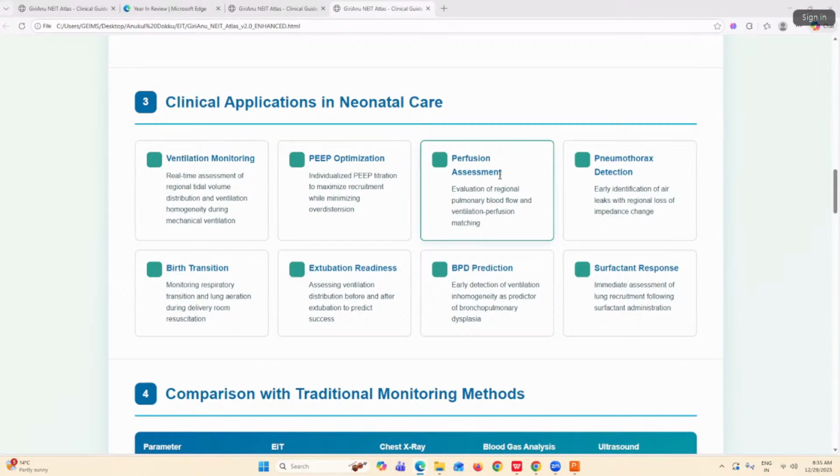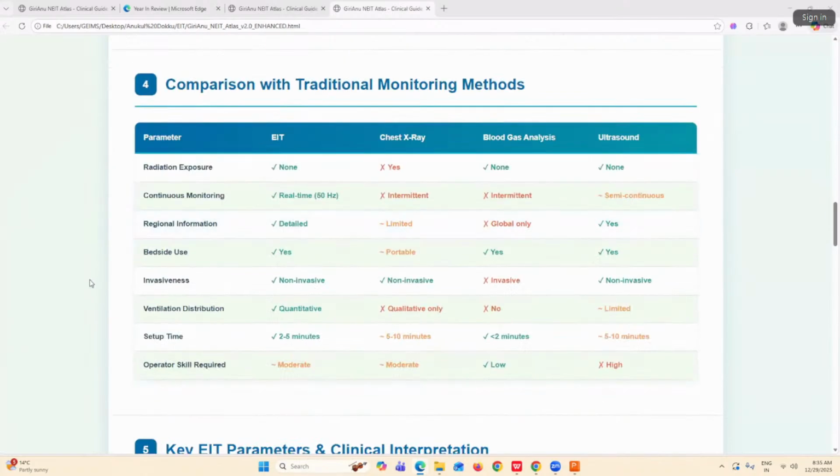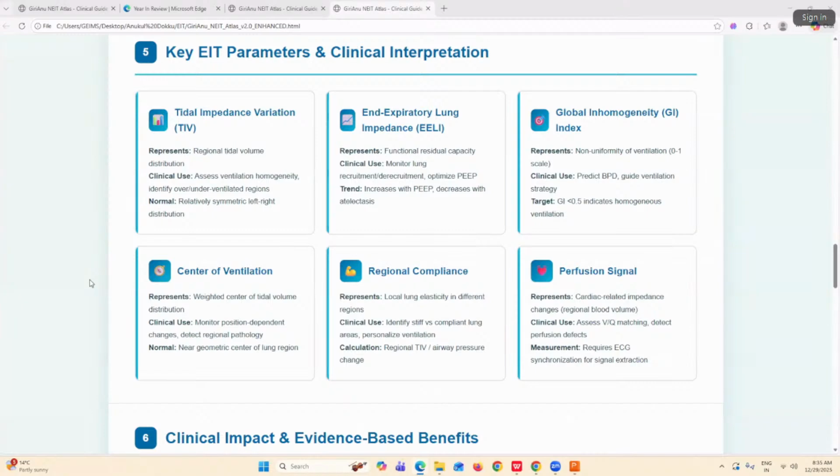So, as we can see, this table depicts the comparison with other modalities. This table also has the key EIT parameters and clinical interpretation.